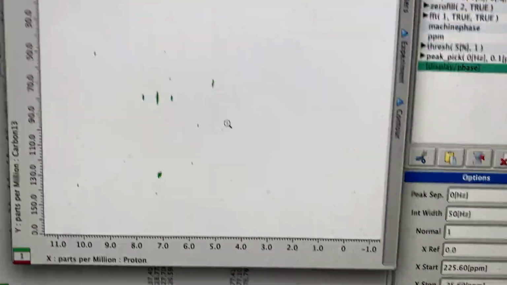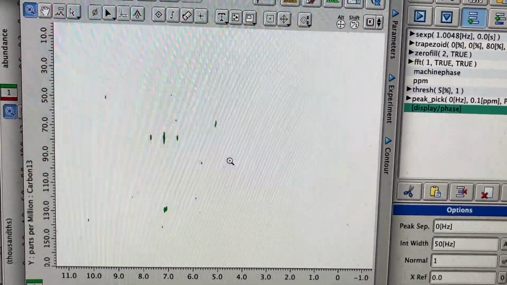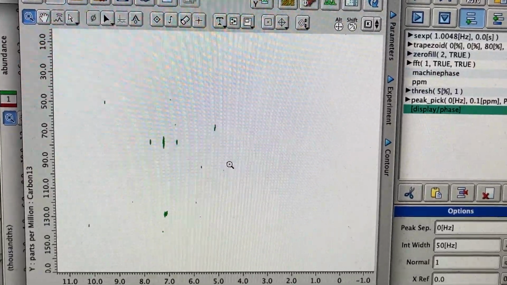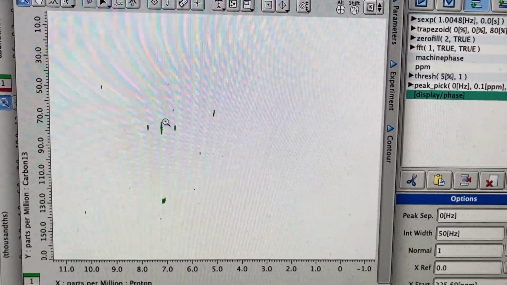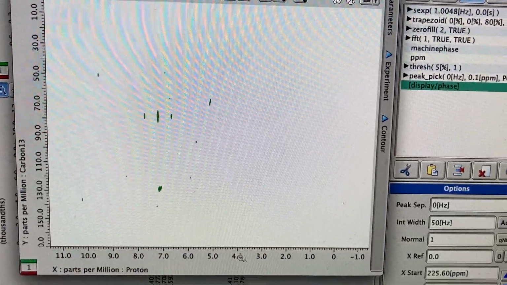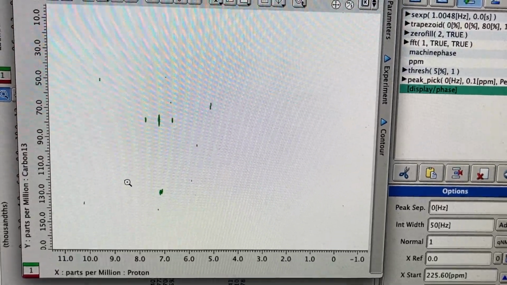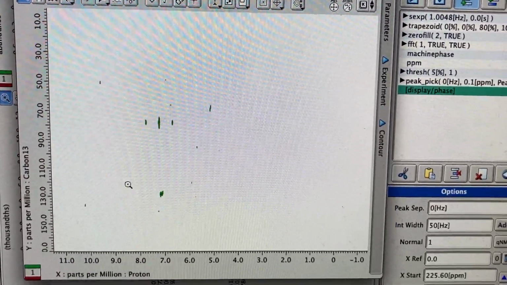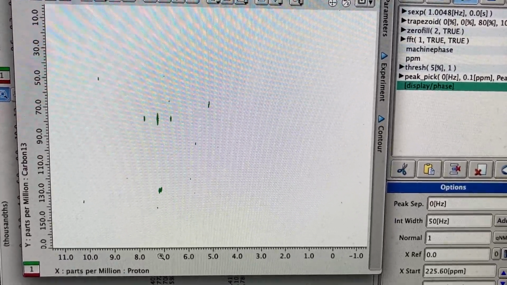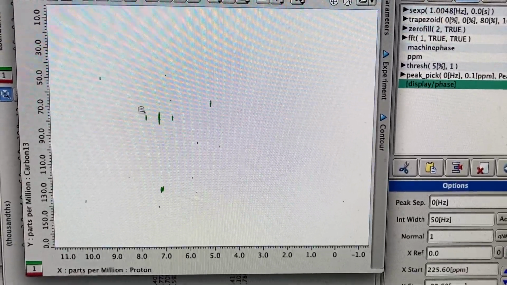Again, you would want to use the same rules as you did with the COSY. Find the ones that are on the diagonal, or the ones where X and Y are the same. We can try to observe this part here, because this is the proton, as you can see, and this is the carbon. We were more interested in those around the 77 range, I think, for carbon, and then those around the 7 range for proton, because that's the aromatic region.